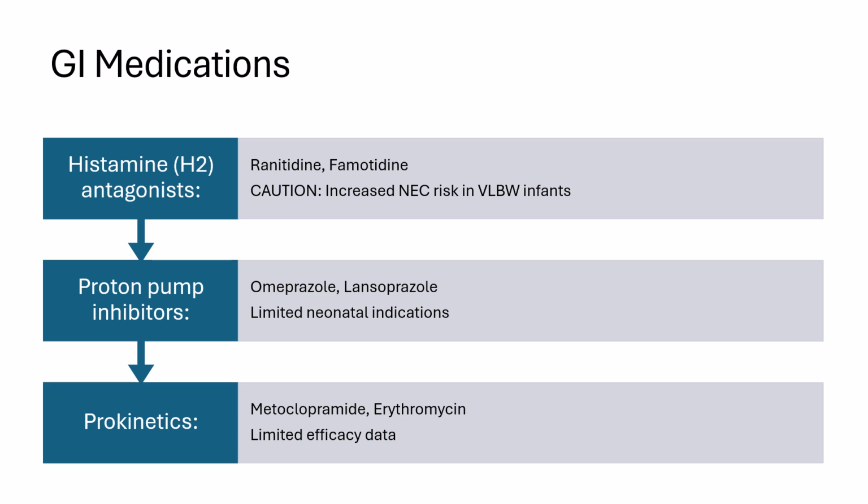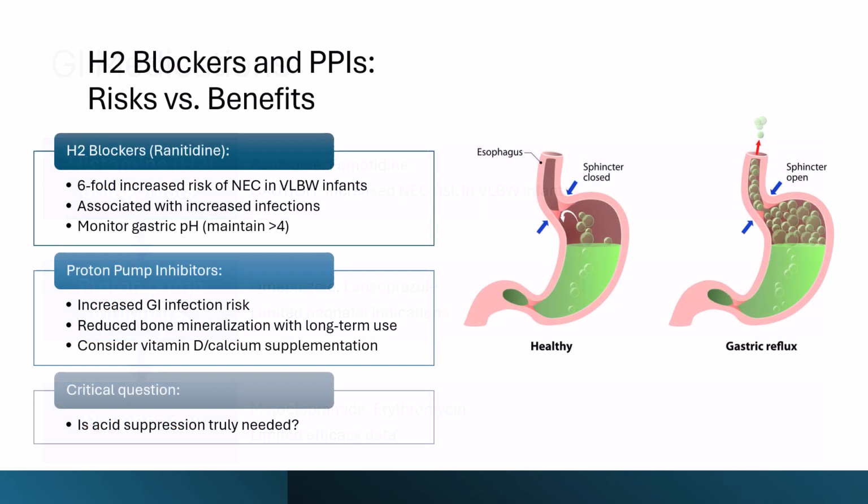Recent research has questioned the routine use of acid suppression in neonates. Prokinetic agents like metoclopramide and erythromycin are sometimes used for feeding intolerance or gastroesophageal reflux, but evidence for their efficacy is limited, and they carry significant side effect concerns. These medications should generally be used judiciously in the NICU population.